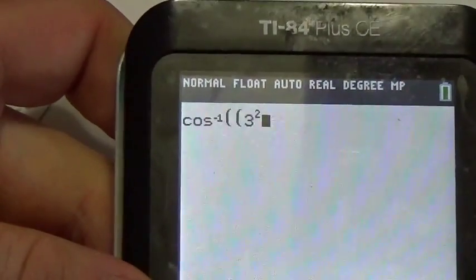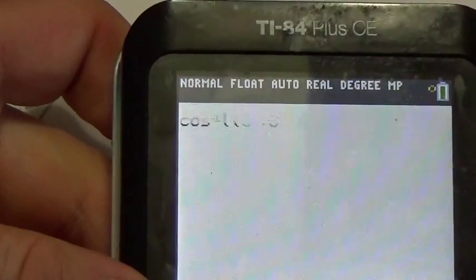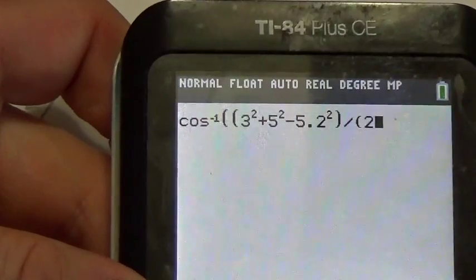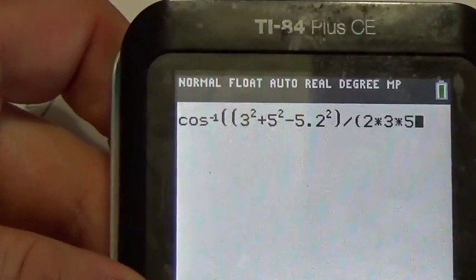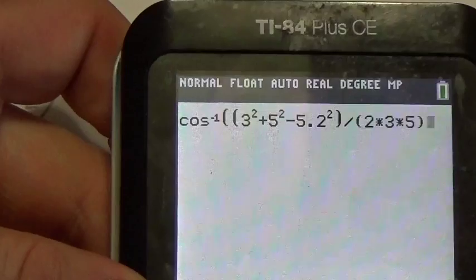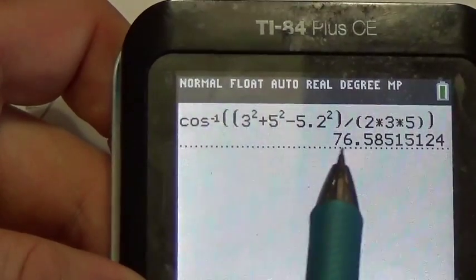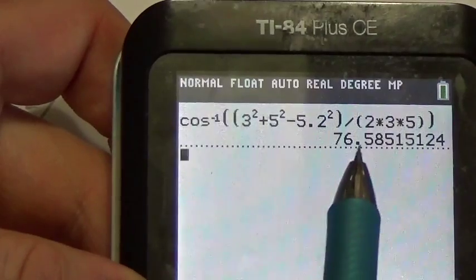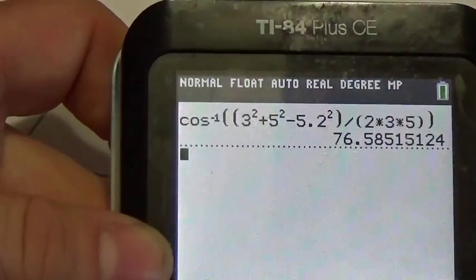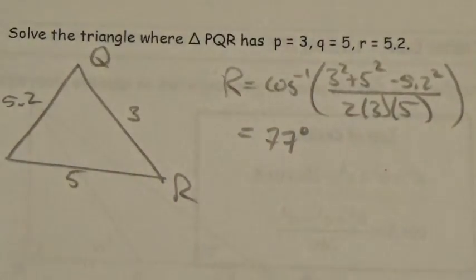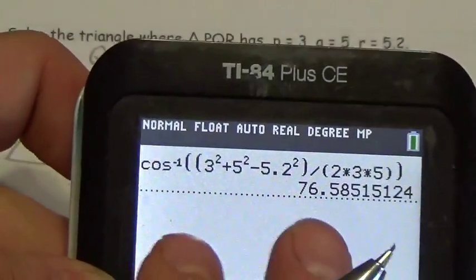So 3 squared plus 5 squared minus 5.2 squared, close brackets, divided by, open brackets, 2 times 3 times 5, close brackets for the numerator, close brackets for the cosine. And to the nearest degree, we get 77 degrees. So r is going to be 77 degrees. Now I'm going to keep that angle in there for right now.